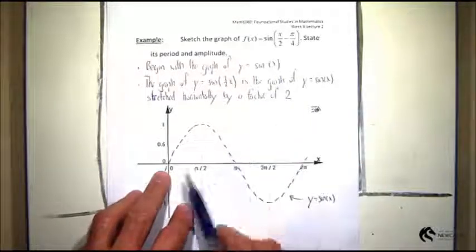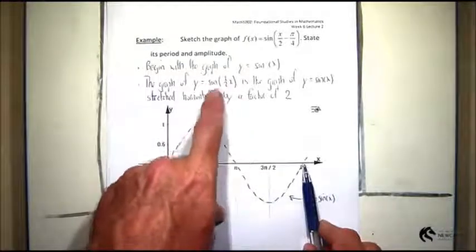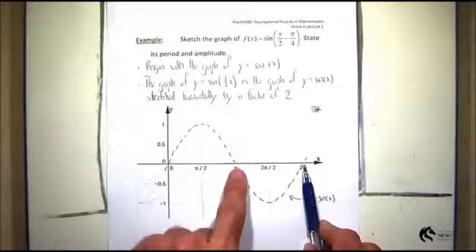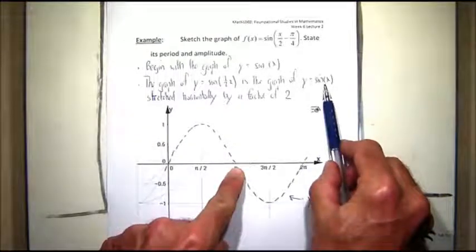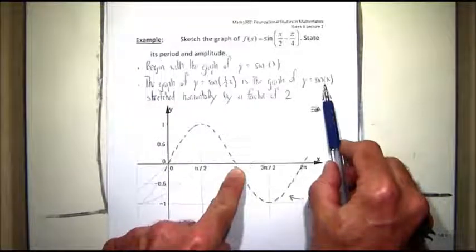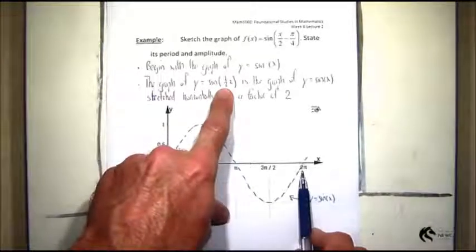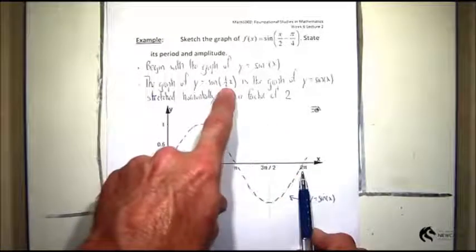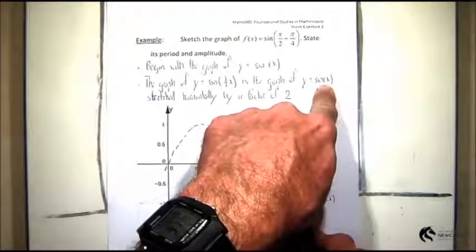So what happens at 2 pi in the graph of sine a half x actually happened at pi in the graph of sine x. Did I say that correctly? I think I did. Let me say it one more time. What happens at 2 pi in the graph of sine a half x, because 2 pi divided by half is pi, is what happens at pi in the graph of sine x.